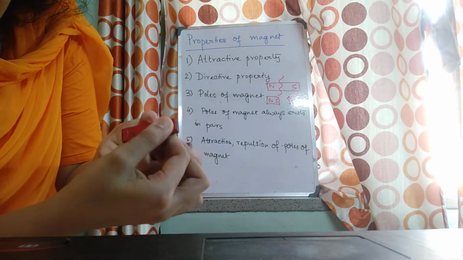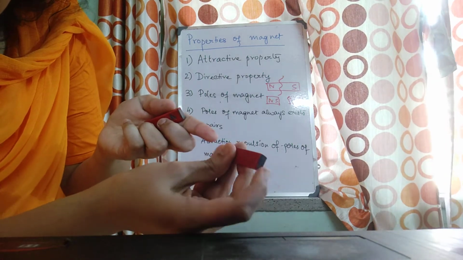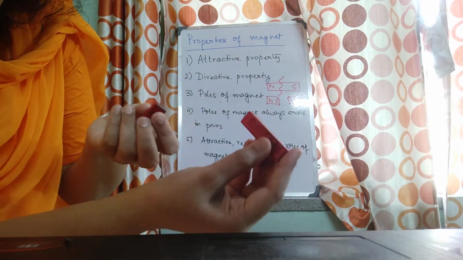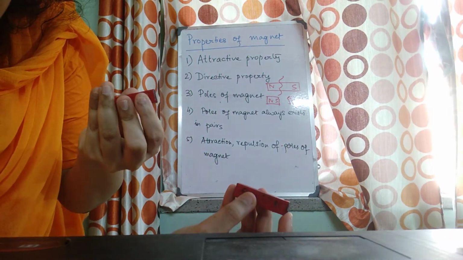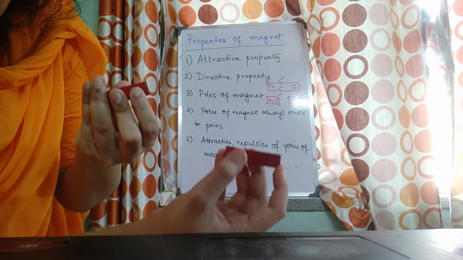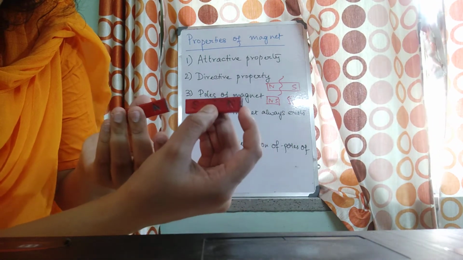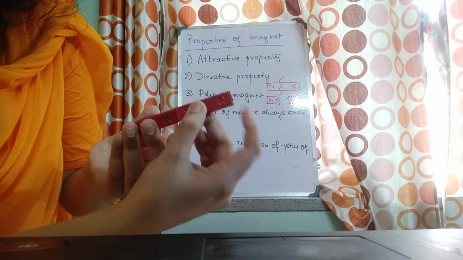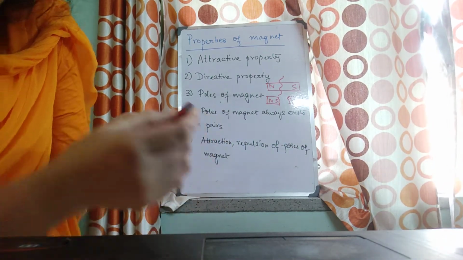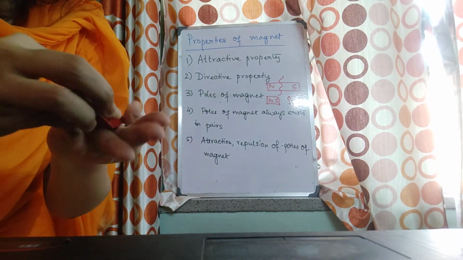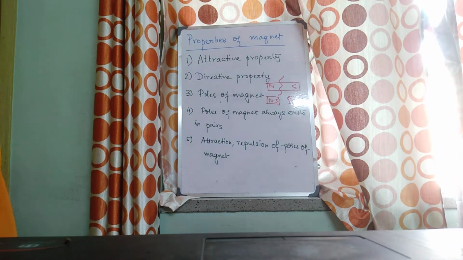If I bring the south pole of this magnet and the north pole of the other magnet together, see, they are attracting.